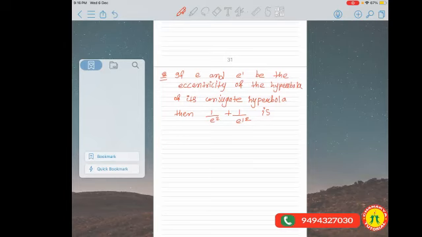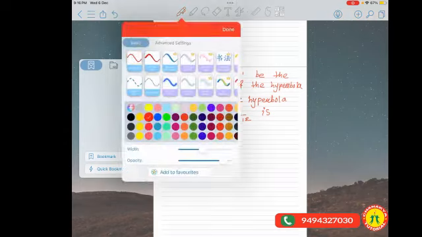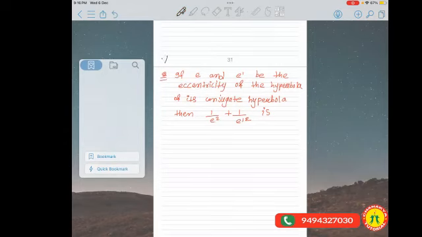So 1 by e square plus 1 by e dash square कितना होगा, वैल्यू पूछा गया. एक क्वेश्चन पहले आ चुका है. अप्लाई कीजिए.